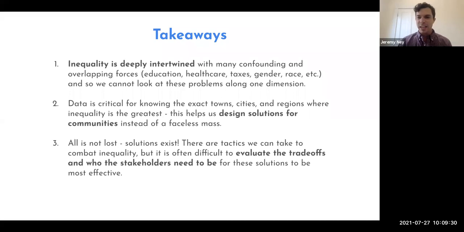And then last is that it's important to remain hopeful in this work, that as large and interconnected as some of these challenges are, there are ways to actually be combating a lot of these inequalities, and along many dimensions, inequality has been decreasing in certain ways. So the tricky part with this is figuring out what the trade-offs are and who the stakeholders need to be in order for those solutions to be most effective.